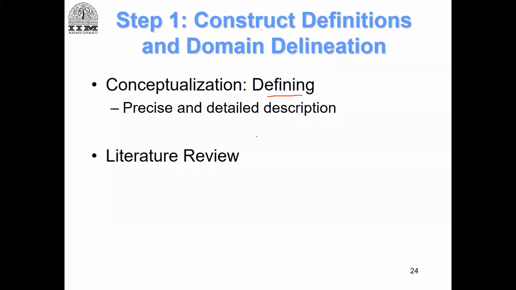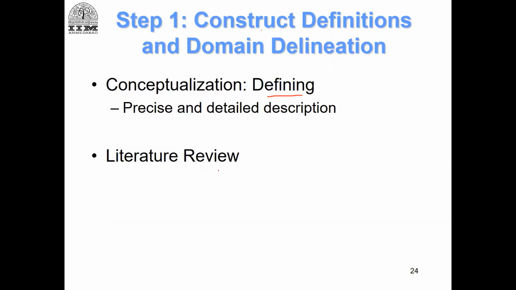Now, how do you develop this definition? How do you think about this definition? That definition can come through literature review, reading prior literature, right? Based on the prior literature, you want to mix and match certain dimensions, and you want to create a new definition of your construct, right? That is one way.